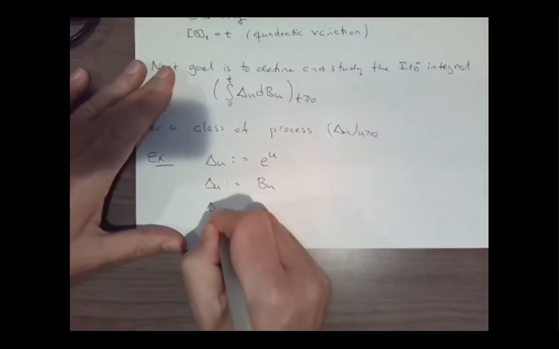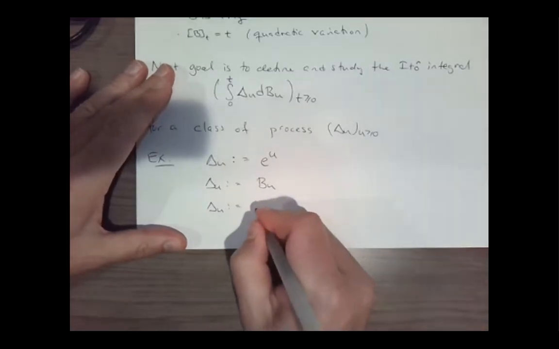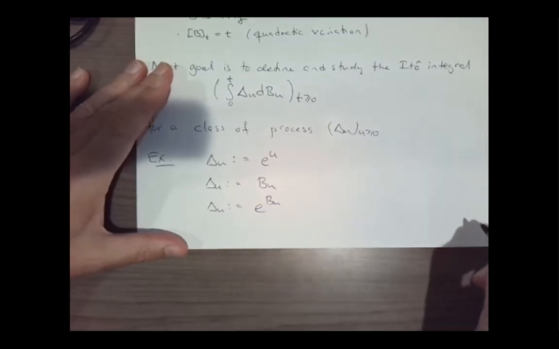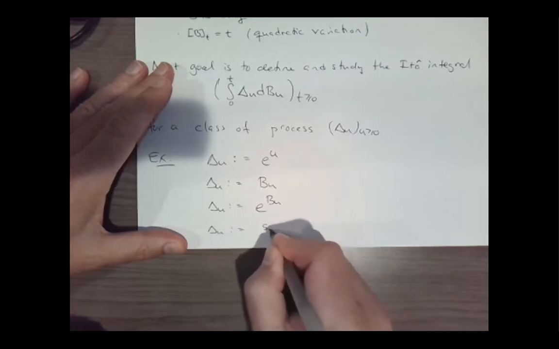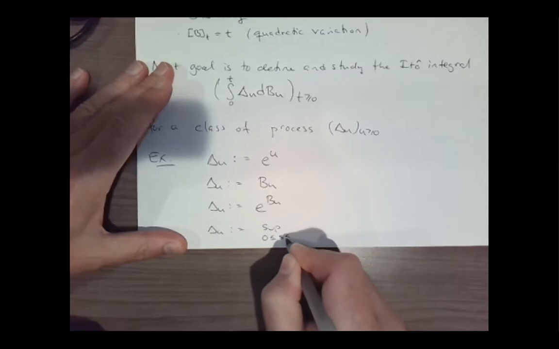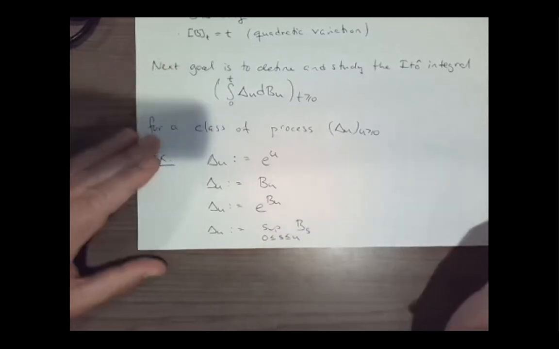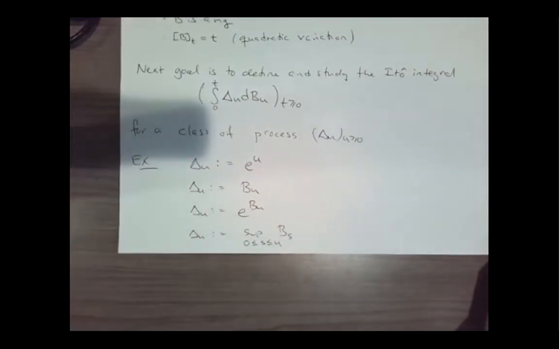It could be that delta U would be e to the Brownian motion. Could be something more complicated. Could be that delta U is like a running max, like what you have in homework, of, say, Brownian motion. It could be any one of these and many other things too.